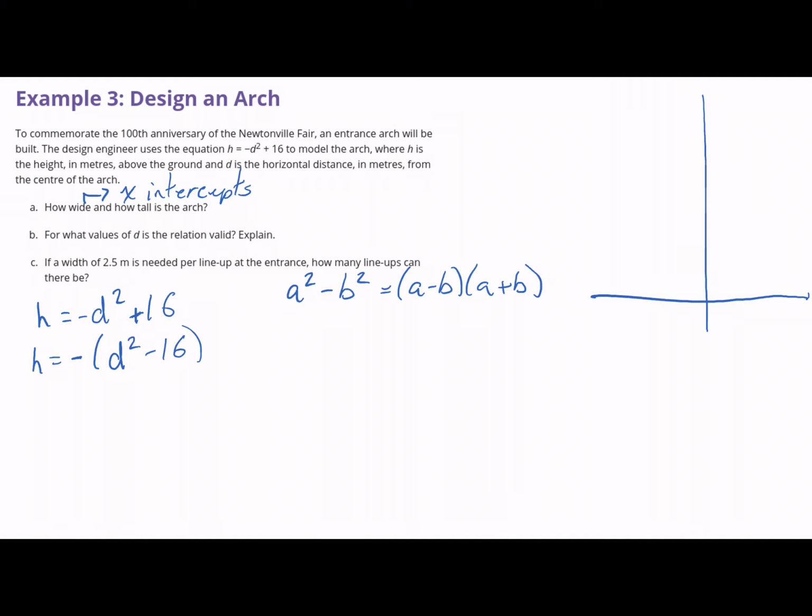So I know that the square root of d squared equals d, and the square root of 16 equals 4. So I can just jump that into two brackets. And I'm going to keep that external negative hanging around so that we remember that we've got an arch that opens down.